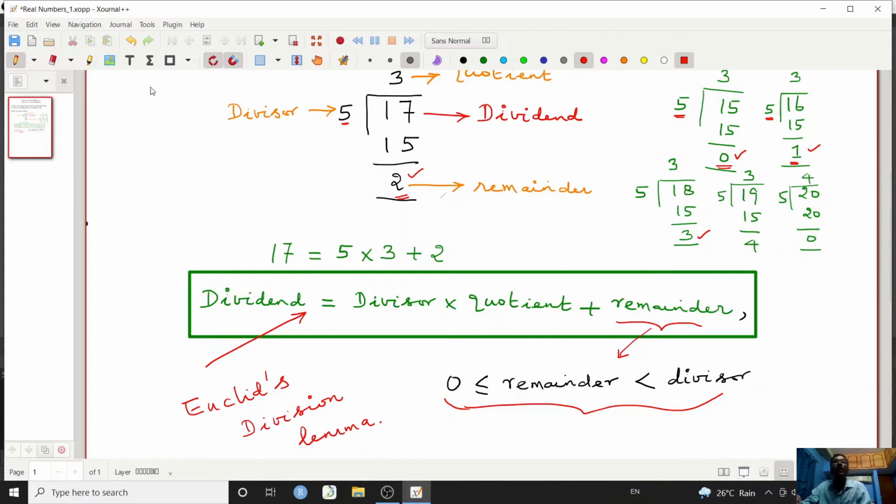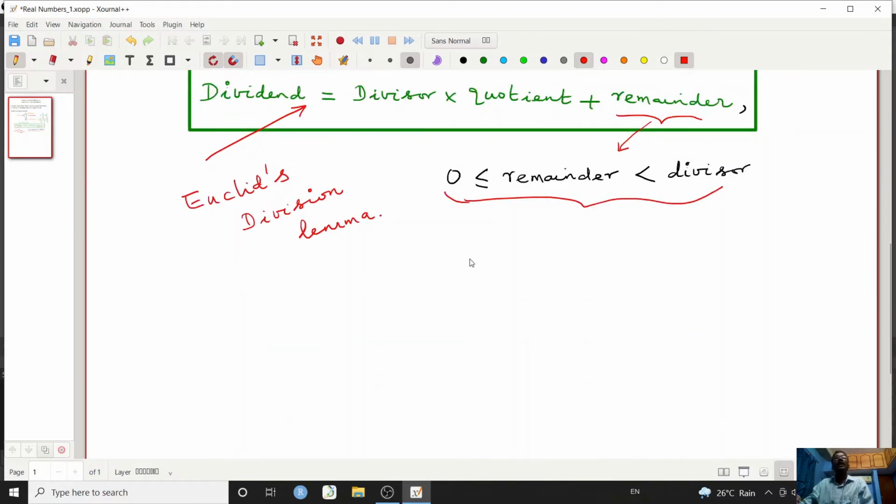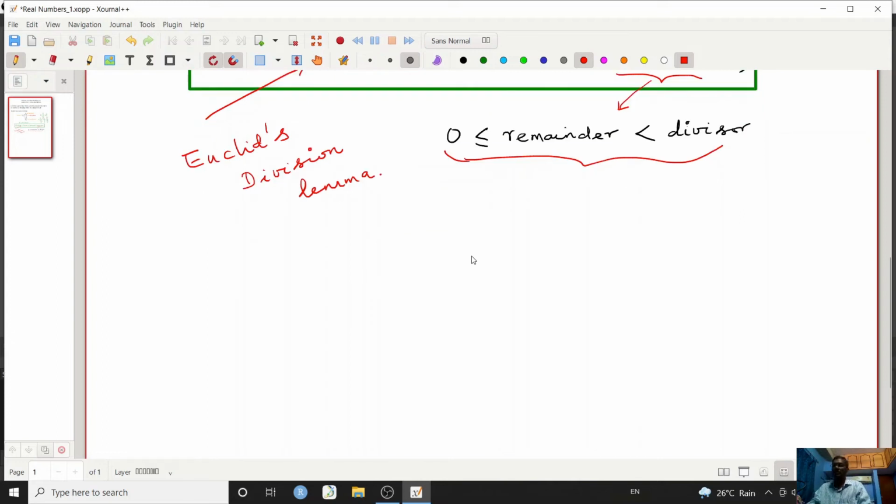Now we are going to write this in terms of symbols, because instead of writing with the words, we are going to write down this using symbols. Now we make a formal statement about what?